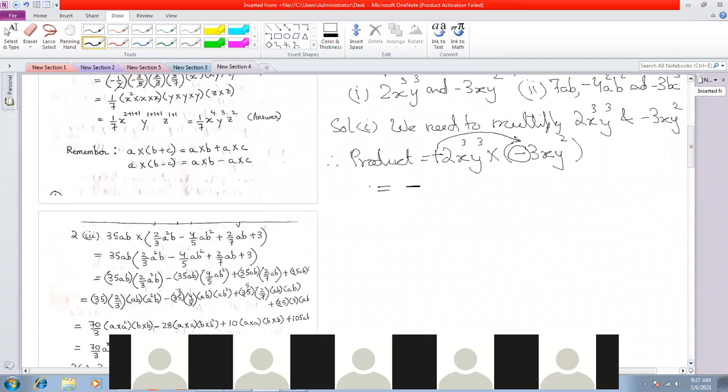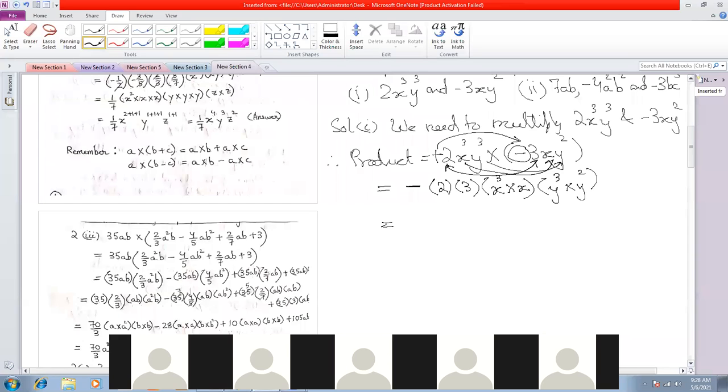Okay, next what you do is you multiply the constant terms here, the coefficients. You have a 2 and you have a 3, you multiply them. Next you multiply the x's. What are the x's here? x cube and x. So you multiply x cube into x. And next you multiply the y's together. So you have y cube into y square.